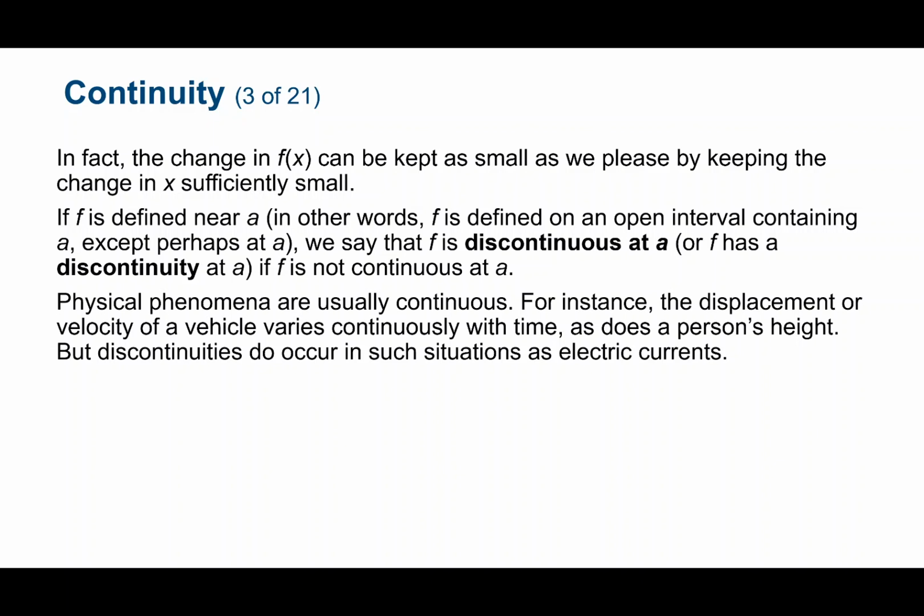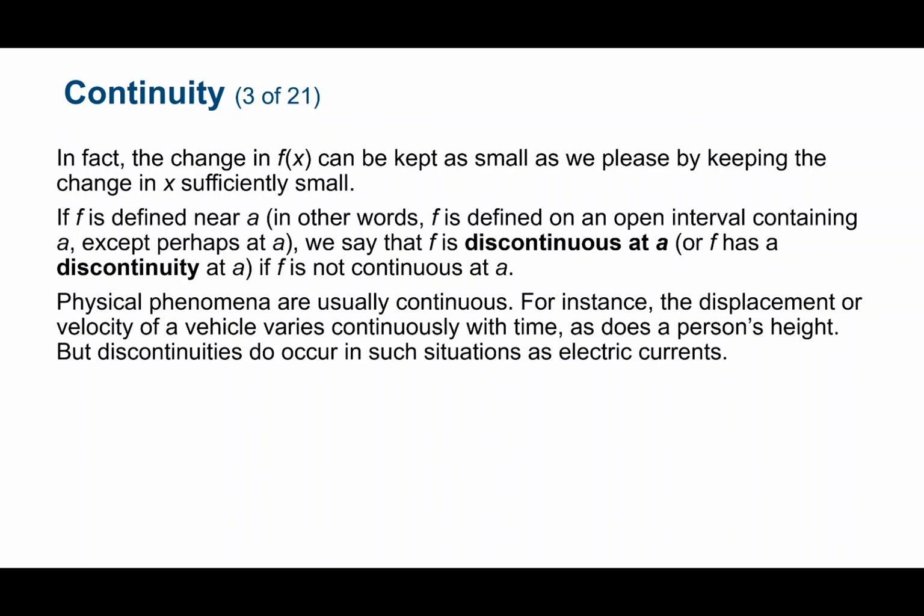If our x values change very little, a small change in x, then we have a small change in f of x. It's probably easier to think about that the other way around. If we had a function where a little change in x made a big change in f of x, that would not be continuous.